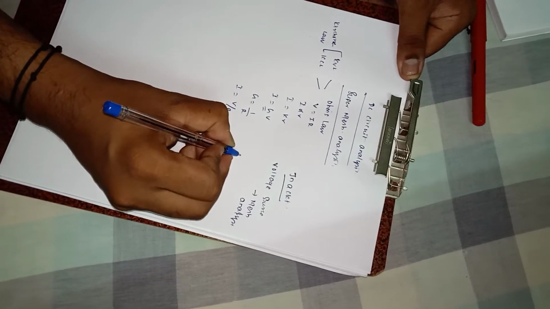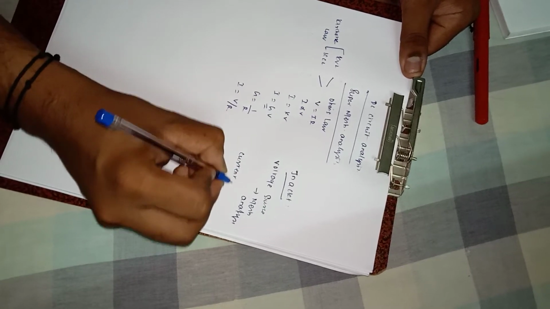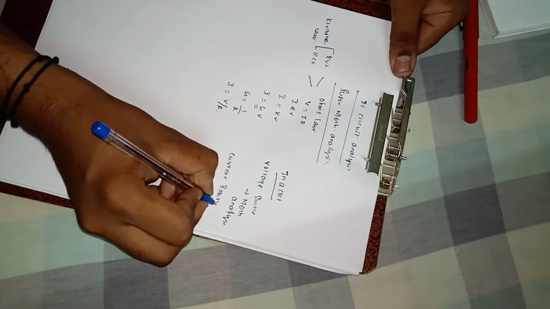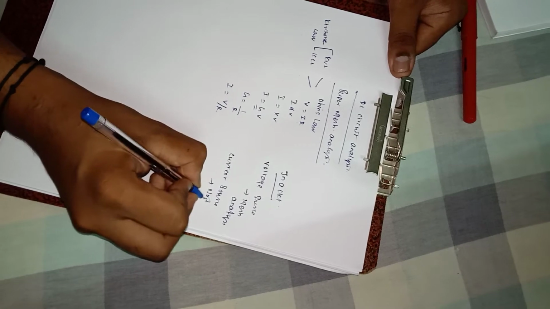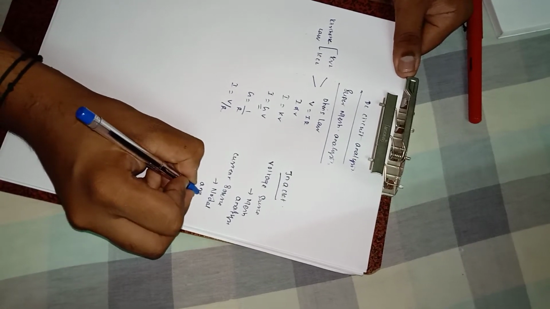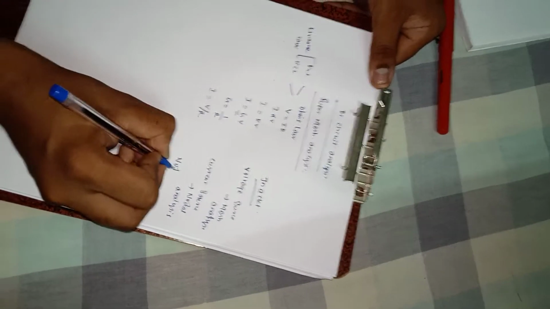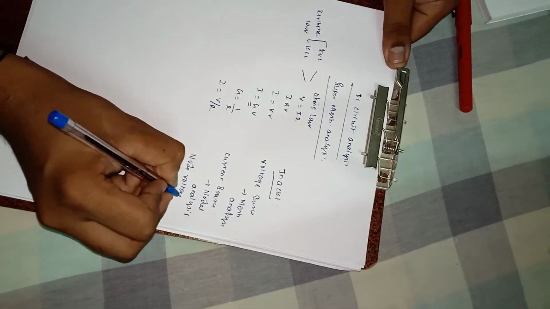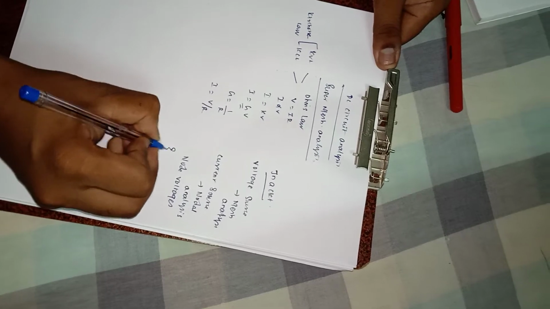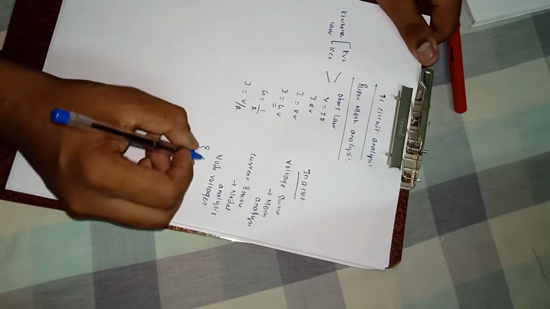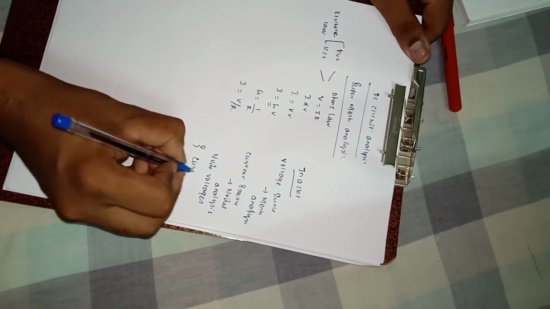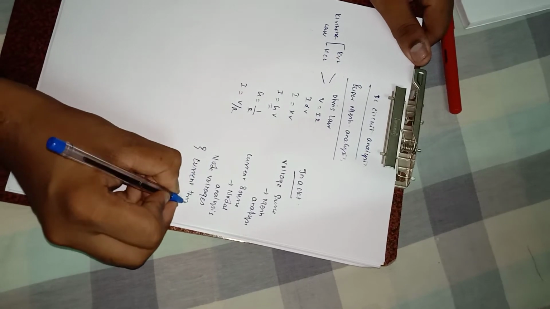Whereas in a circuit, if we have a current source, then we go for nodal analysis to find the node voltages, and by using the node voltages we can find the current through each element.